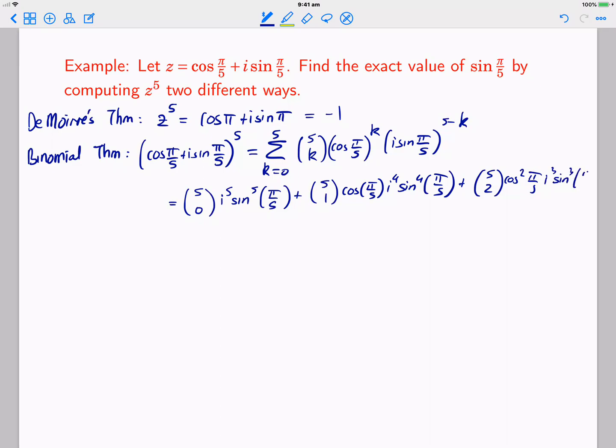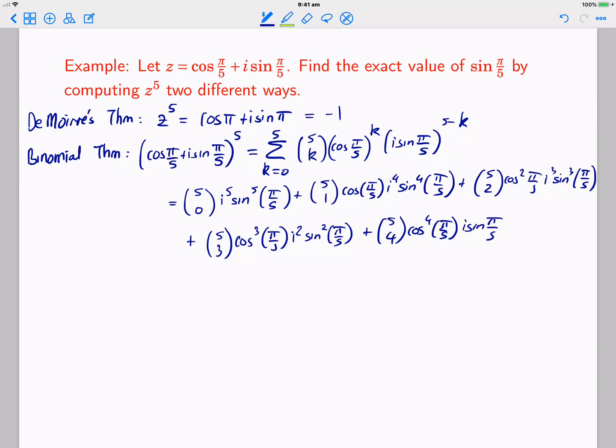So what am I up to? k equals 3: 5 choose 3, cos cubed pi on 5, i cubed, sine cubed pi on 5. k equals 4: 5 choose 4, cos to the 4 pi on 5, i sine pi on 5. And when I put k equals 5, the sine term of course disappears.